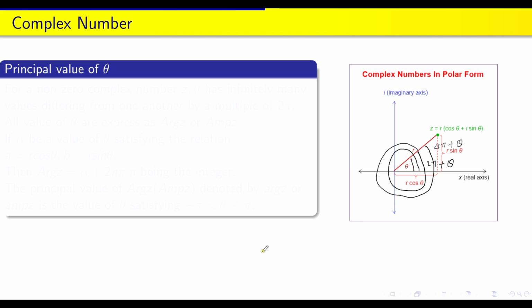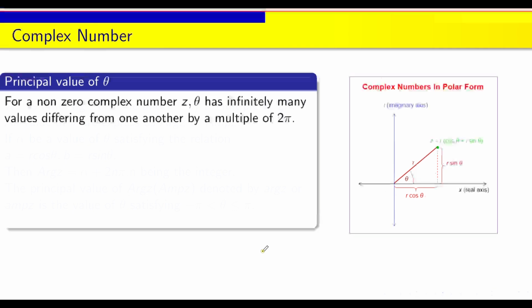So theta has infinitely many values, differing from one another by multiples of 2 pi. The value of theta is expressed by arg z or amp z, the argument of z or amplitude of z.